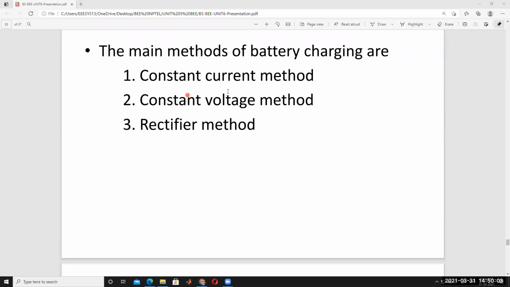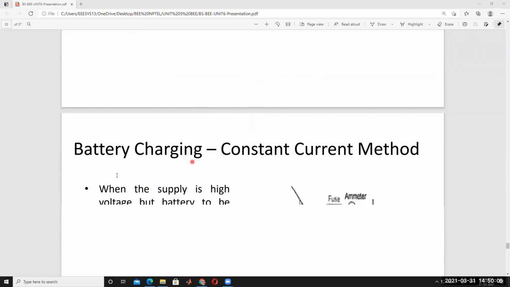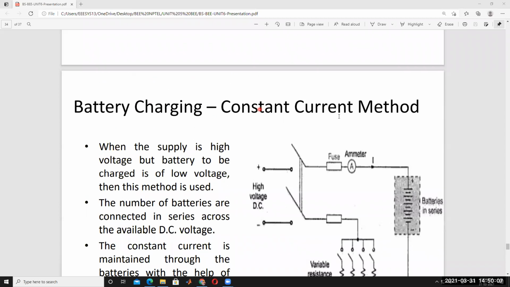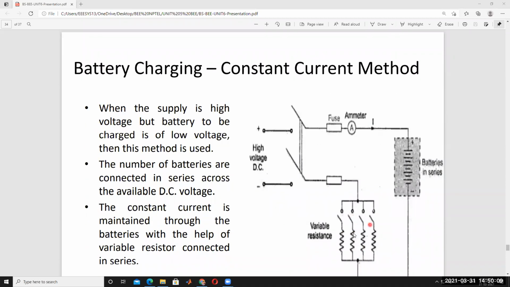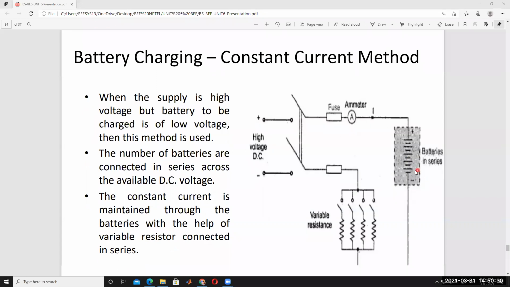Okay, so here also there are the constant current method and the constant voltage method. In the constant current method, by changing the variable resistance, we have to maintain the current constant. For example, if one resistor of 2 ohms is connected, the current is constant. If the voltage increases, the current changes because of the battery.